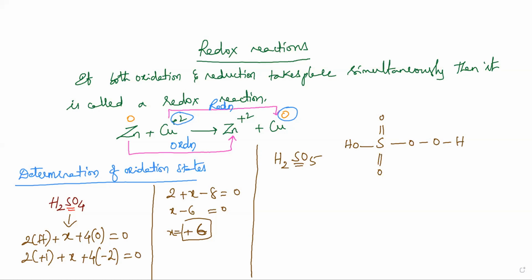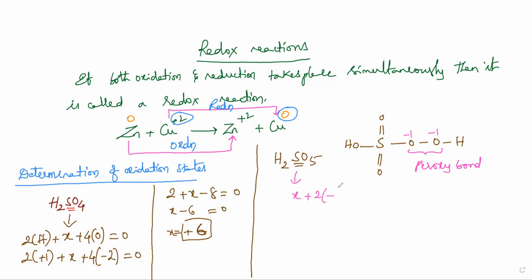But out of 5 oxygens, you can see these 2 oxygens are present in peroxy linkage. So in peroxy linkage, the oxidation state of oxygen is -1. In all other cases, it will be -2 only. So let us consider sulfur oxidation state X. We don't know. Now out of 5 oxygens, 2 oxygens are in peroxy linkage.